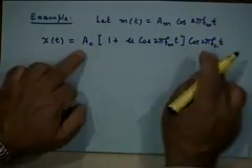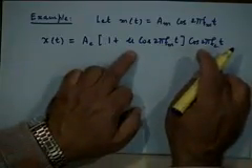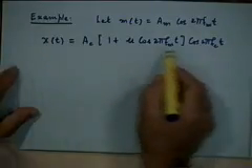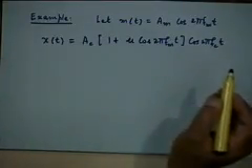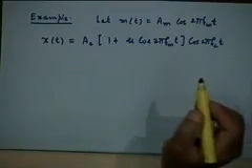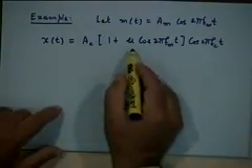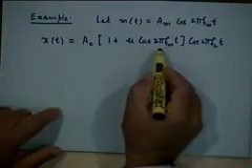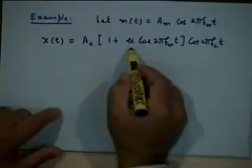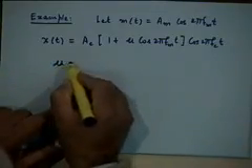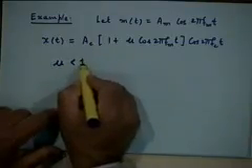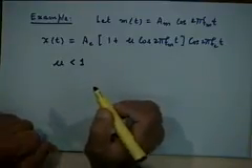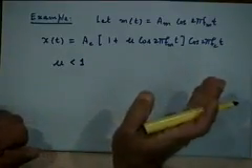So the first term is the carrier component, the second term is the DSB-SC kind of component, which together form the AM signal with carrier, right? If you want the envelope of the signal to follow the message waveform, what should be the condition on mu? Mu should be less than 1, right? The modulation index should be less than 1, or the percentage modulation should be less than 100%.